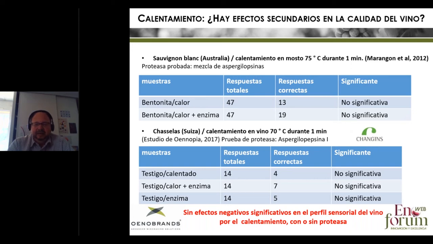So we can assert that there is no negative effect of this heat treatment if it's done in the correct conditions. No effect on the aroma profile of the wine with or without addition of protease.